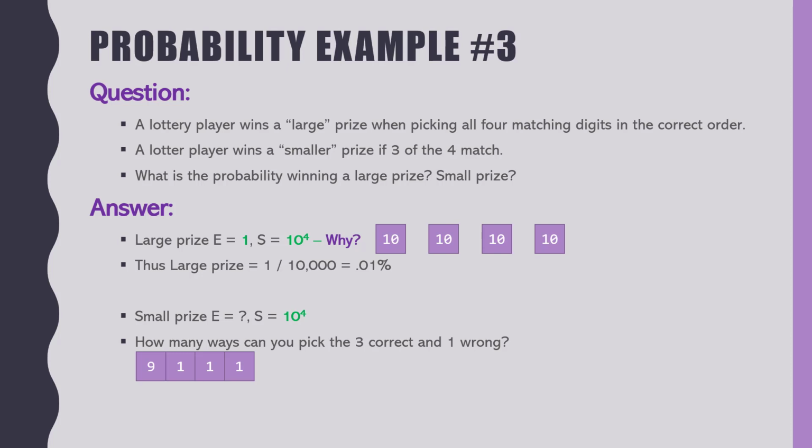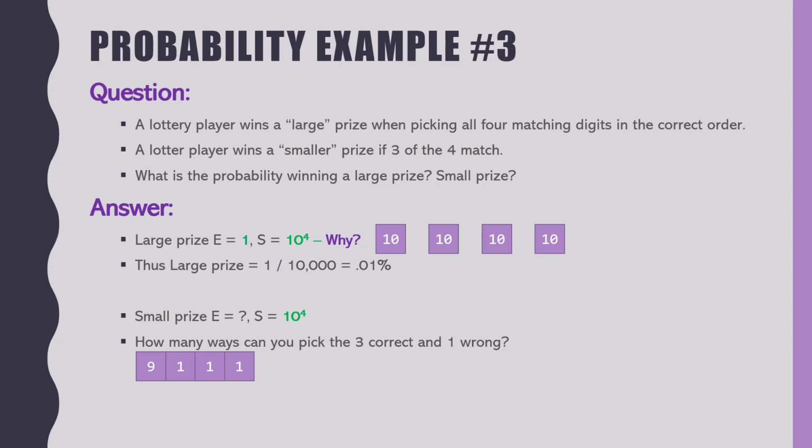Okay, so using our product rule, one set is 9 times 1 times 1 times 1, which is just 9. But is that everything? I could also get the first digit correct, but the second digit wrong, and then the 3rd and 4th correct, right? There's only one way for me to get the second digit correct. I pick exactly what they picked for the second digit, right?